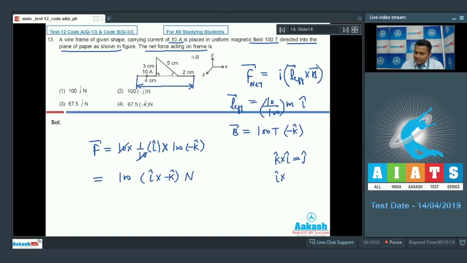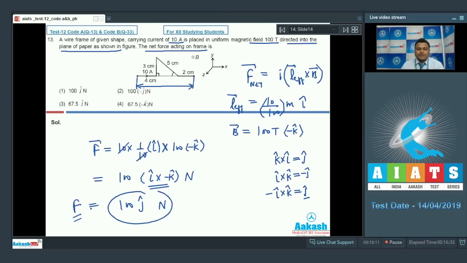Therefore i cross k is minus j. Therefore minus i cross k would be plus j. So here we have to replace it with just plus j cap. So therefore 100 j cap Newton will be the net magnetic force acting, and we can say that option number 1 is absolutely correct. We will go on with option number 1.